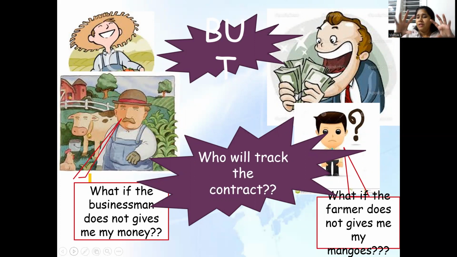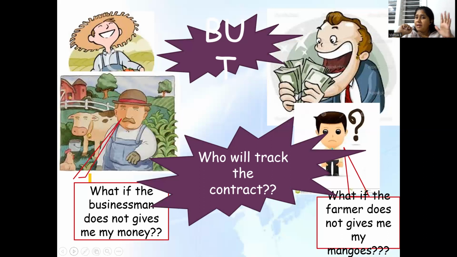Generally when we are doing some online transactions, what if I don't get the same product? What if I get the defective product? But you're receiving something. At that point of time, what if I don't get the thing after I pay? That is what these both parties are worried about. One is, what if the businessman does not give me money? Will he cheat me?